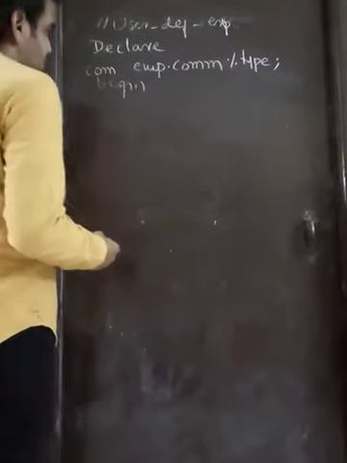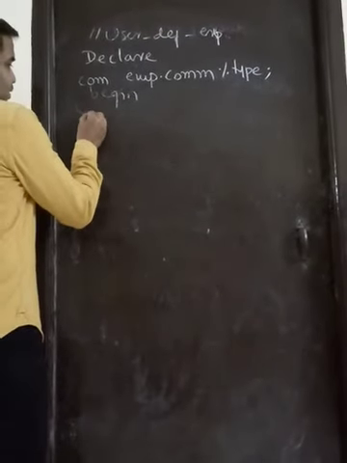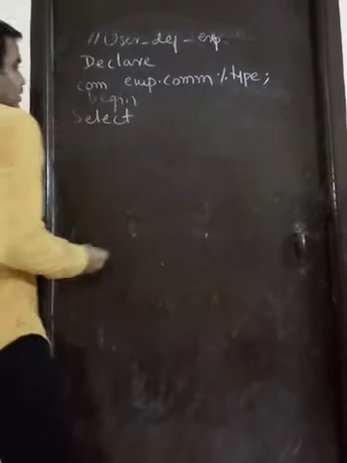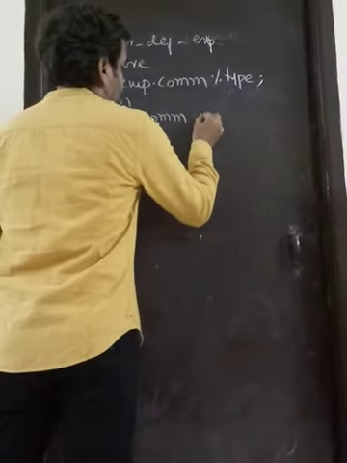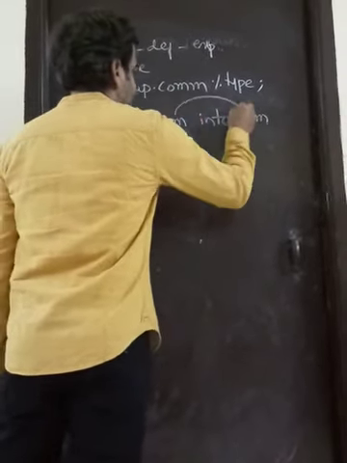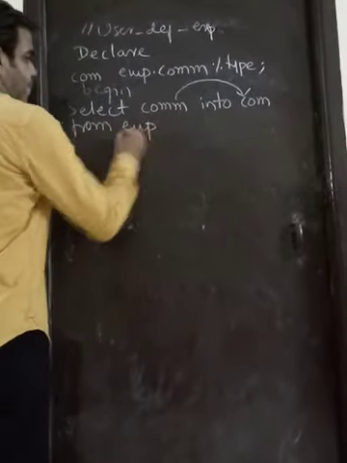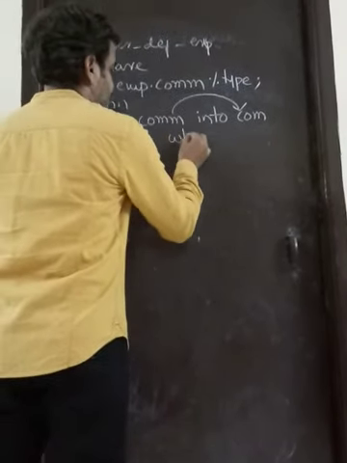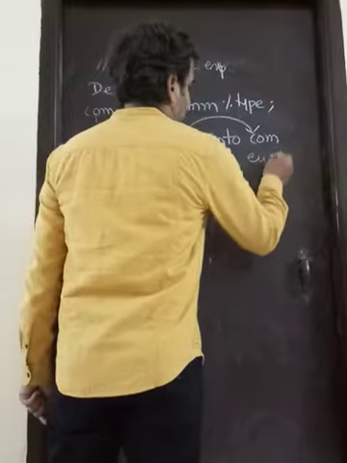First of all select commission into COM from EMP where employee number is equal to 7788.